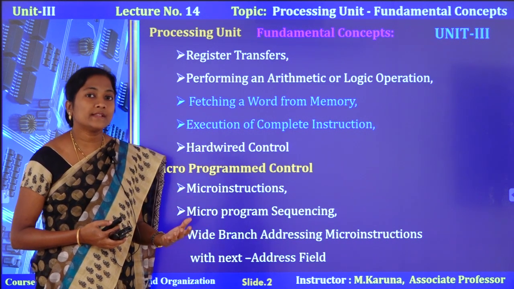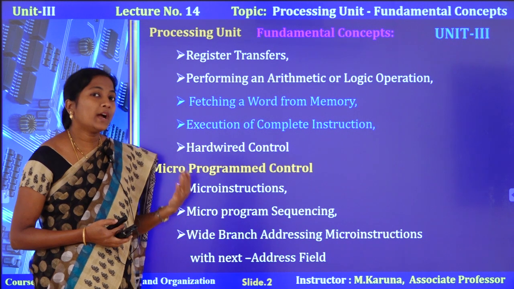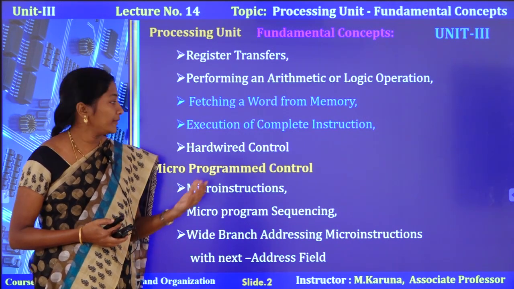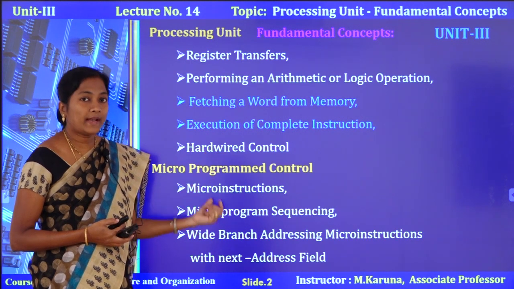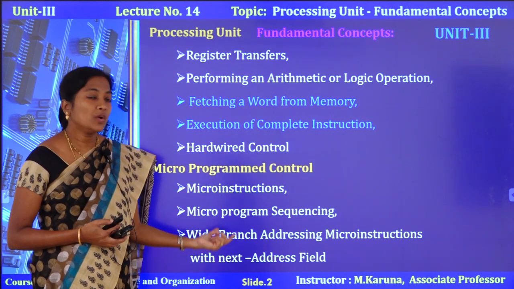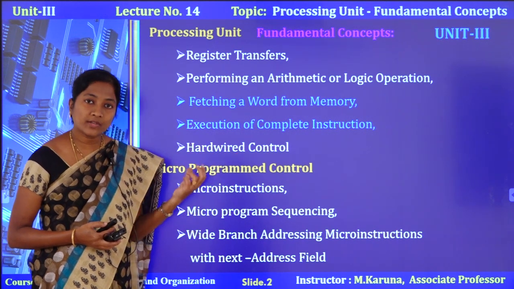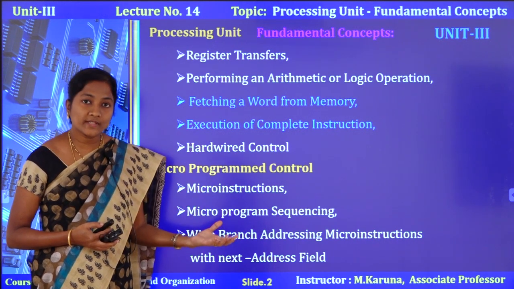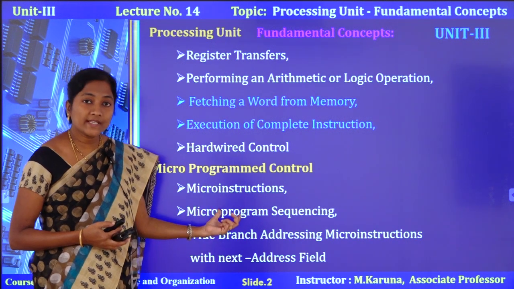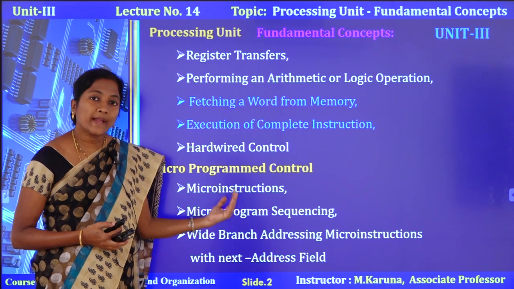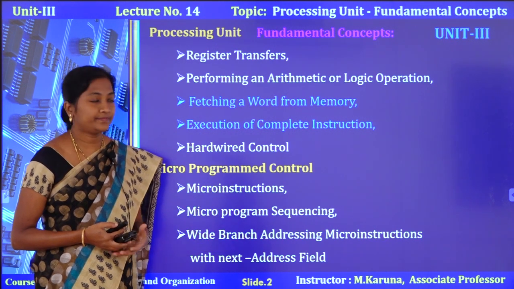In later classes, we will discuss how to generate those control signals with the help of hardware control and microprogram. We will see in hardware control what hardware circuits are required to generate control signals, and the organization of microprogram required to execute a macro instruction.